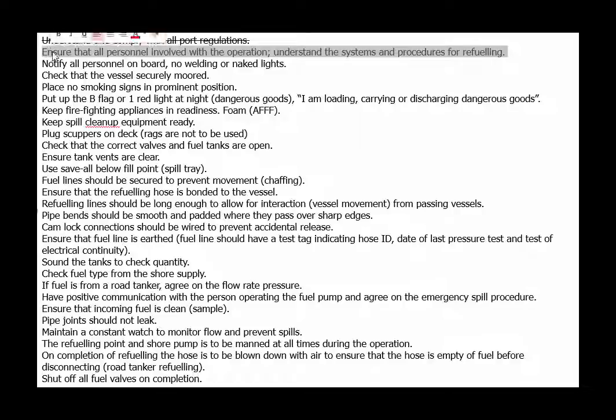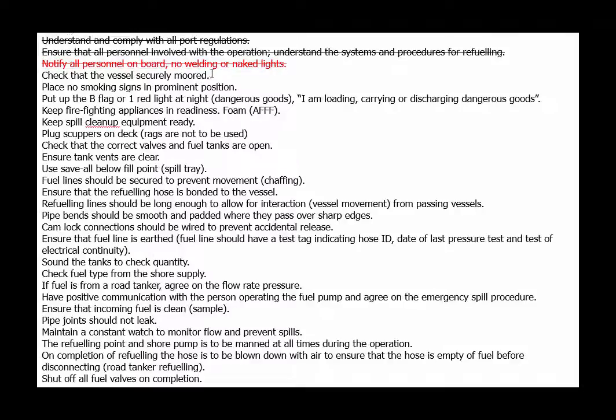Yeah, look, we would definitely do that. Make sure everyone knows what they're doing, but I'm not going to include it in our concise list. Notify personnel on board. Yeah, I'm tempted, but I don't think so. I'll highlight that one anyway. We might come back to it.